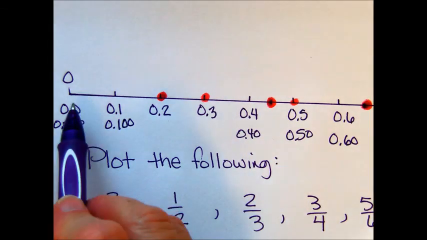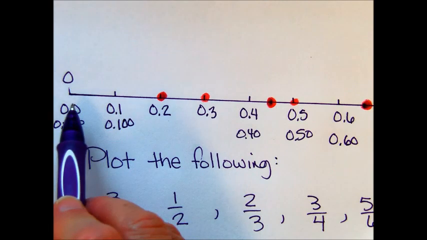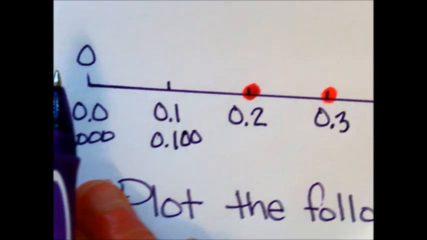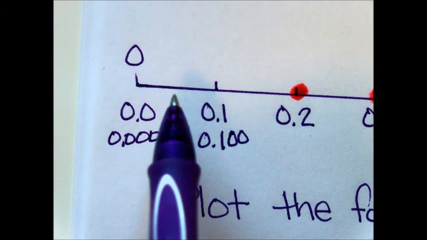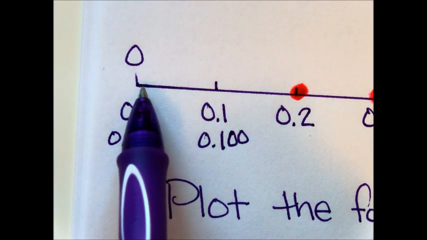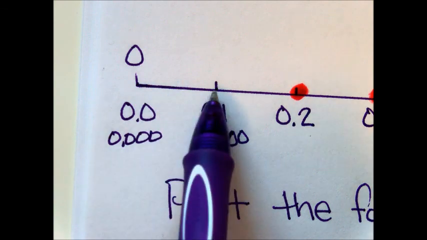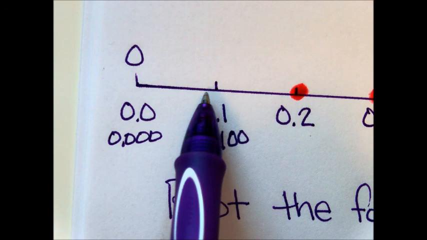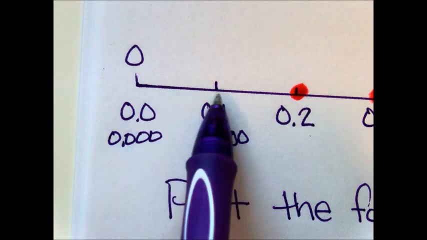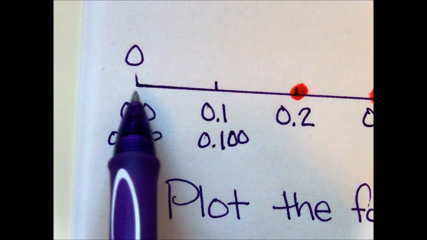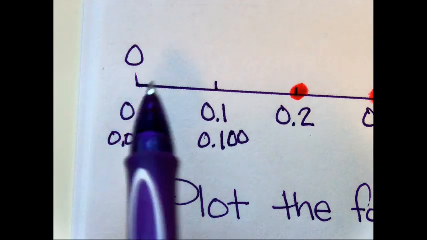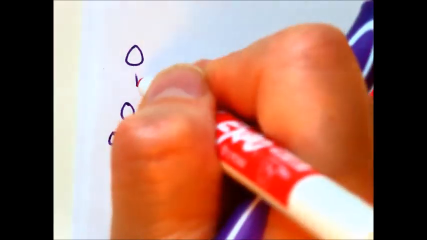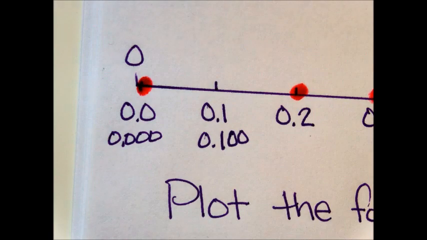So if I were to break up this section right here, I'll zoom in even more, but I'm not going to be drawing those little marks. If I divided this up into 100 spaces, where would that 9 fall? So maybe you could visualize or imagine where that might be. It's going to be really close to that 0. So I'm just going to go ahead and put a little tick mark there. I'm sure it's even closer than that, but right now, that's what we're going to say.